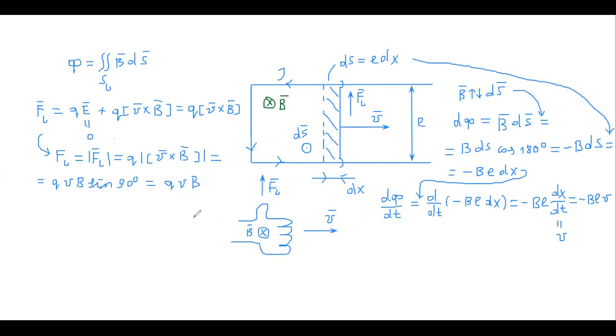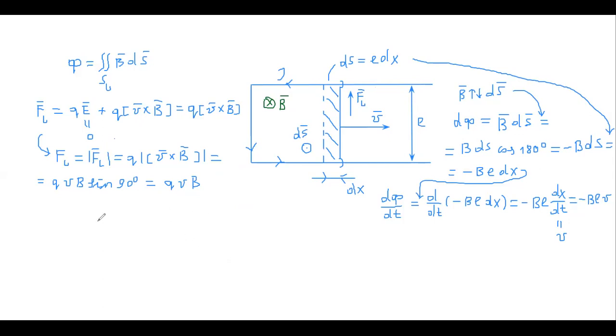And this direction allows us to find the work of this Lorentz force caused by the motion of this horizontal stick.